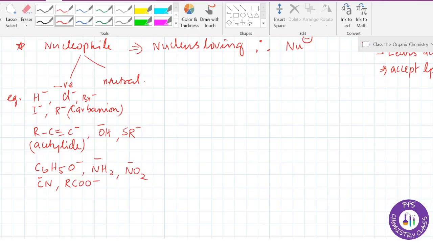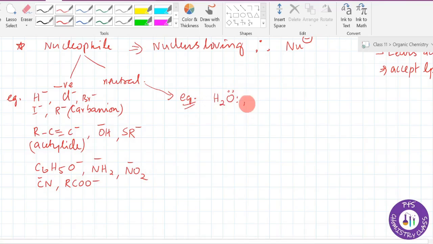And there are some neutral nucleophiles which will have a lone pair. For example, oxygen carries 2 lone pairs, so water can act as a nucleophile. Any species which has a lone pair of electrons can act as a nucleophile. That means it can donate, it gets attracted towards the nucleus, or you can say it carries a lone pair which is equivalent to a negative charge.